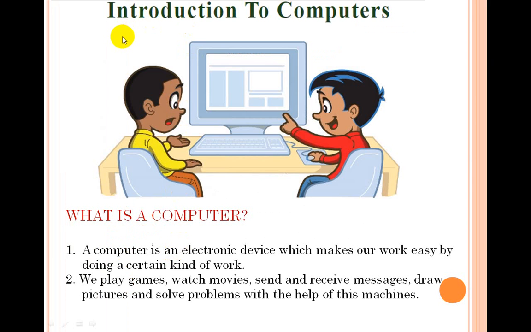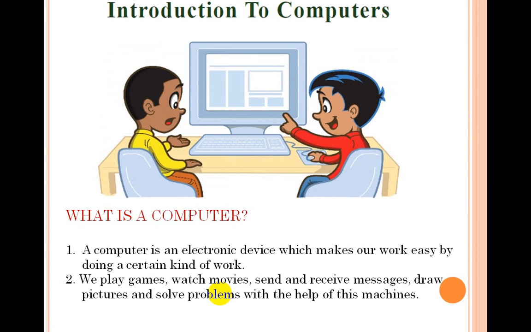So before starting, introduction to computers. So what is a computer? Computer is an electronic device which makes work easy by doing a certain kind of work. So computer is a machine that works on electricity.